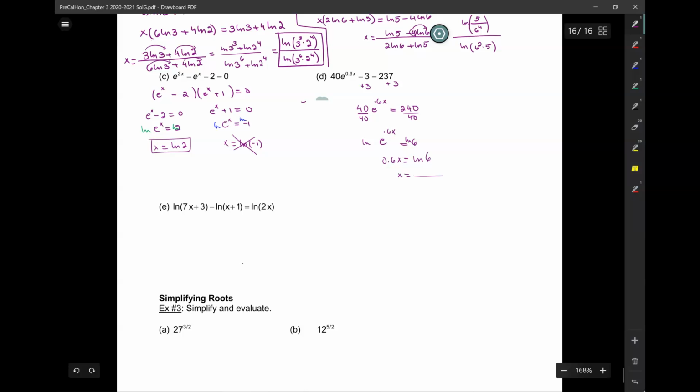So x is ln of 6 over 0.6. This one, however, we do want to plug into the calculator because generally we don't want to leave a decimal inside a fraction. So it will be 2.9863.